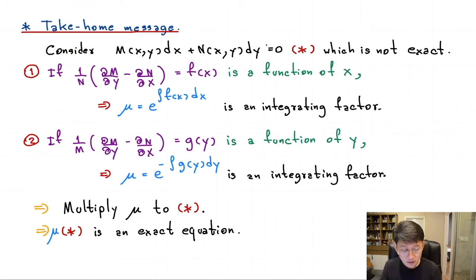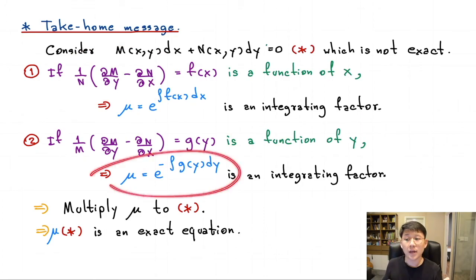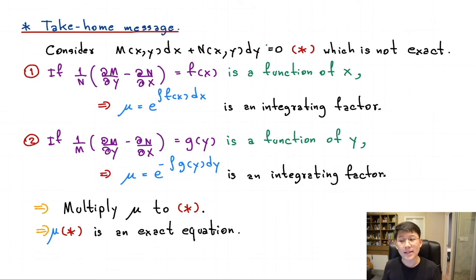If it is, this is the mu. Mu is e to the minus integral of g dy. Then when we get the mu, we multiply the whole equation by mu, and that equation becomes an exact equation. Then we have the f by the x and the f by the y, and you can begin with either one of them, then you integrate, differentiate, and compare, and you receive the solution.